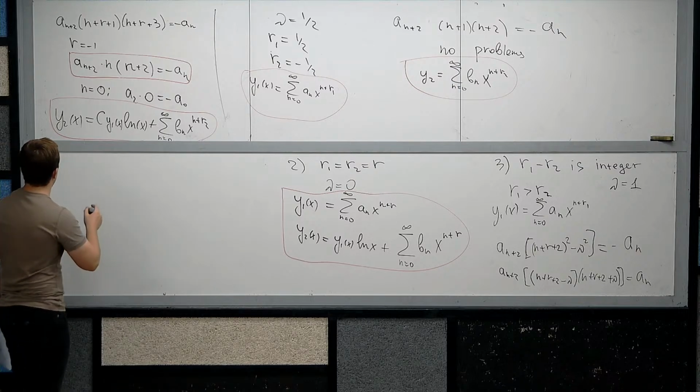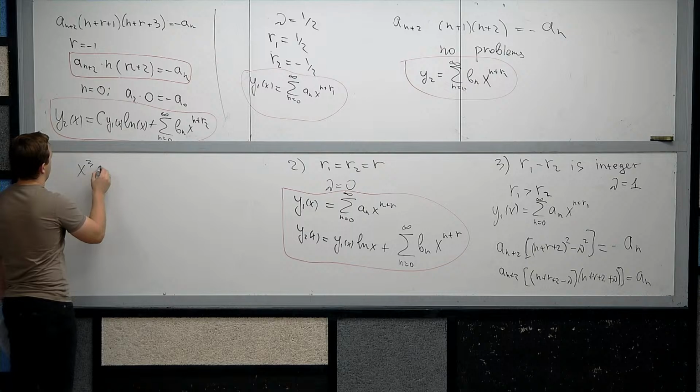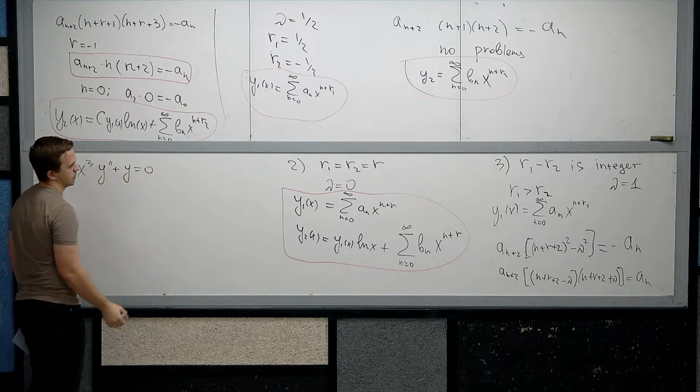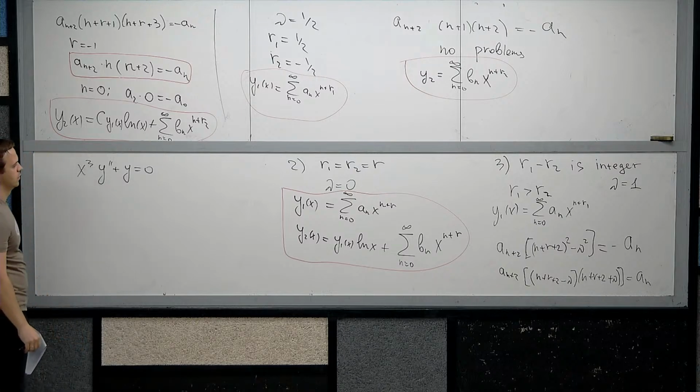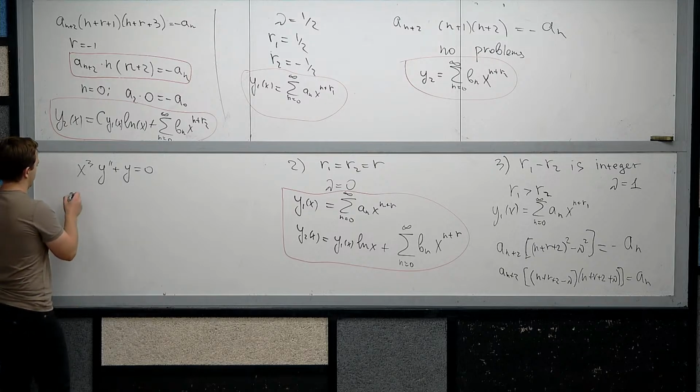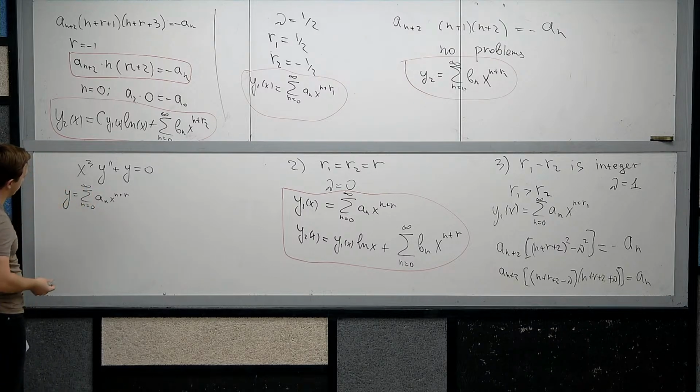So I just want to show you why the Frobenius method fails when we encounter irregular singular points. So let's write the solution in this form, usual Frobenius, and let's plug it into the equation.